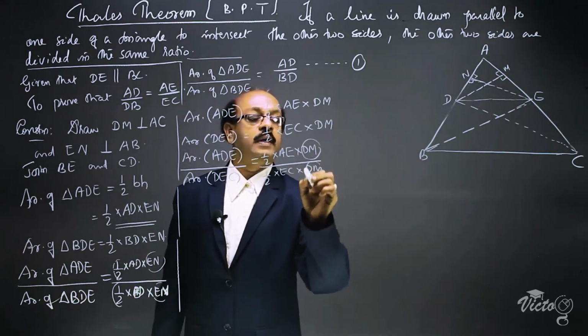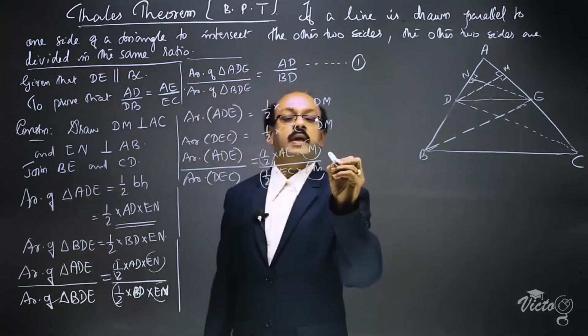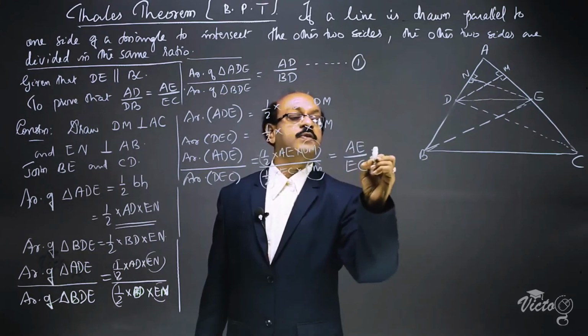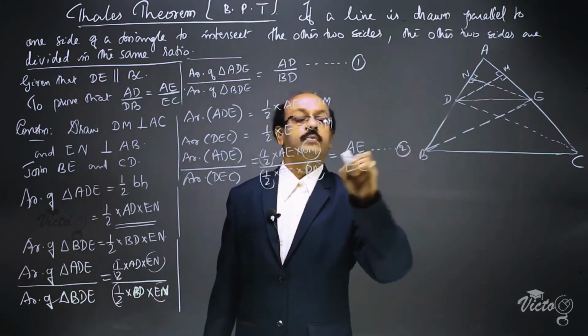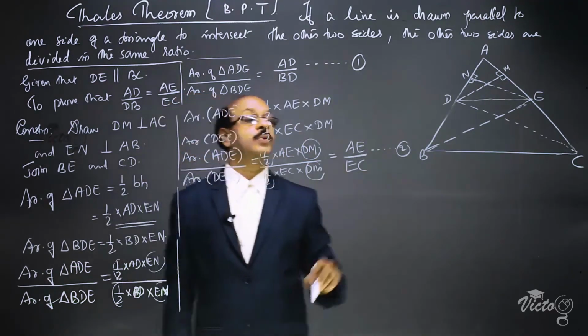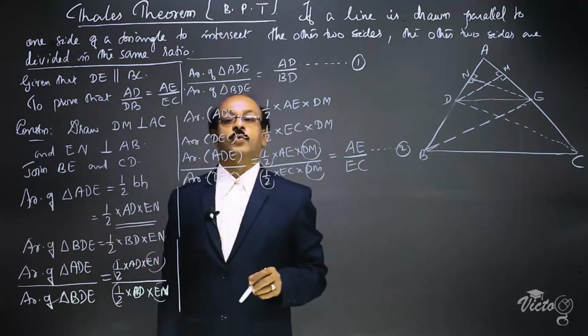The half and half get cancelled, and DM and DM get cancelled. The remaining quantity is AE divided by EC. Area of triangle ADE divided by area of triangle DEC is equal to AE by EC. We are naming this equation number 2.